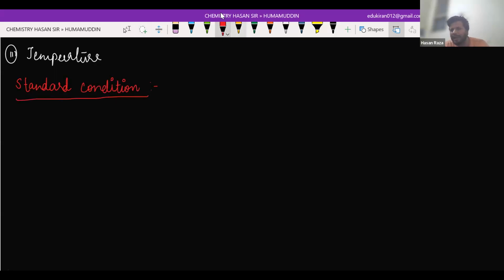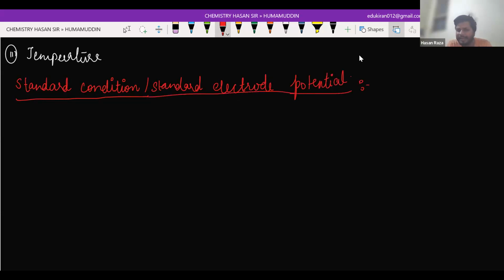If you have heard about NTP, normal temperature and pressure, and STP, standard temperature and pressure, in this chapter we deal with the standard condition, or we also say the standard electrode potential. So basically, electrode potential at a standard condition.